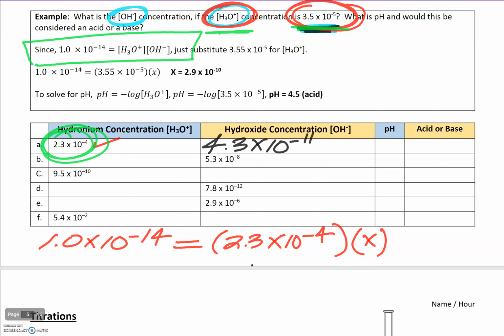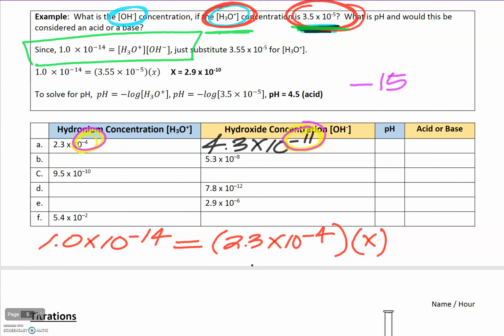Now, I'm going to tell you a little trick here. When you're doing these equations, you want the exponents, so we got negative 11 and negative 4, to add up to negative 15. Negative 4 plus negative 11 adds up to negative 15. If the exponents add up to negative 15, it is most likely correct.